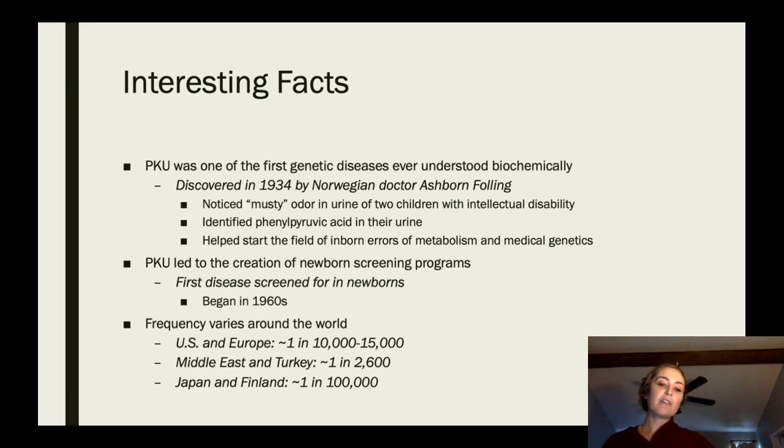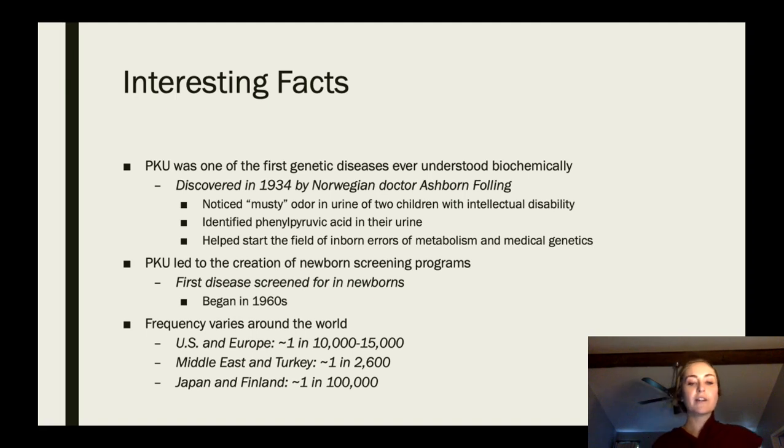This discovery helped to start what we now know as the field of inborn errors of metabolism and medical genetics. This is essentially what spurred the movement to screen for certain types of inborn errors of metabolism in newborns at birth, to prevent any type of damage in an individual who might have PKU and might need to be on a special diet.